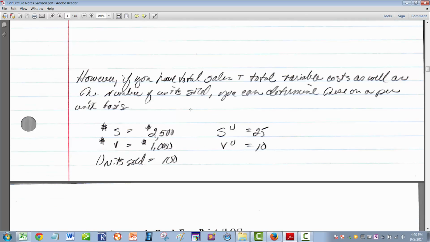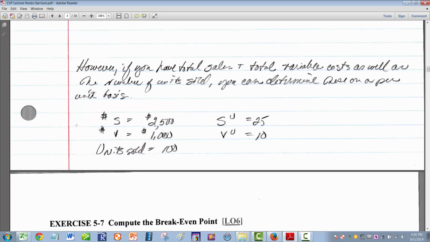However, if you have total sales and total variable costs as well as the number of units sold, you can determine these on a per unit basis, okay? So if you already know the sales that you need to have and the variable costs that you need to have, and you can look at your units sold, you can also determine the sales price per unit and the variable cost per unit.